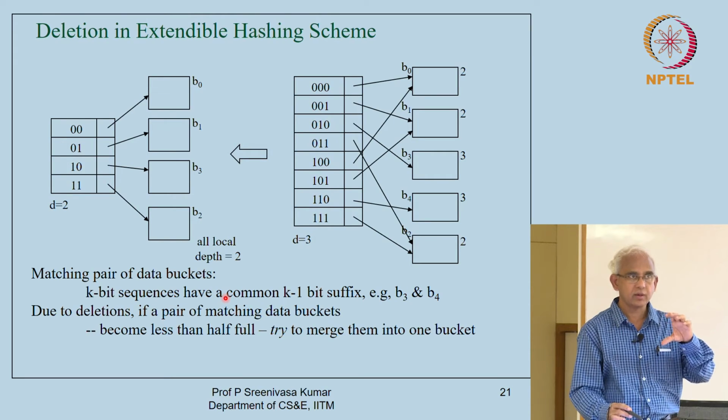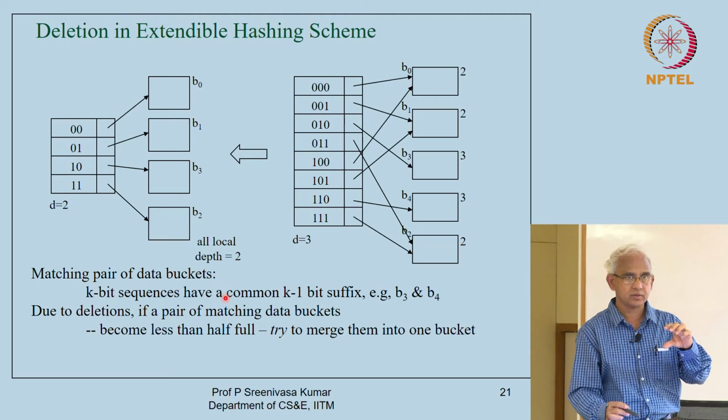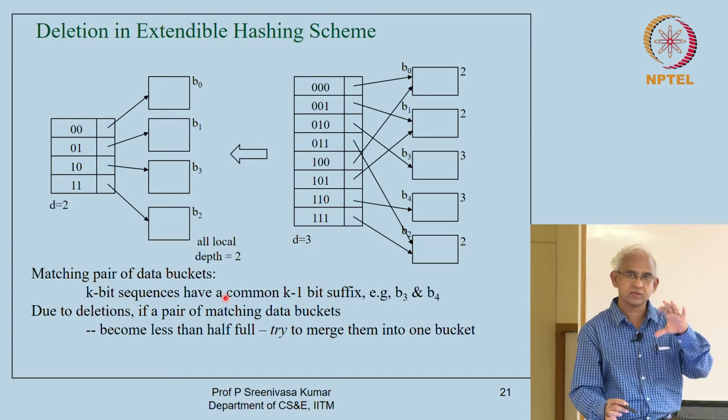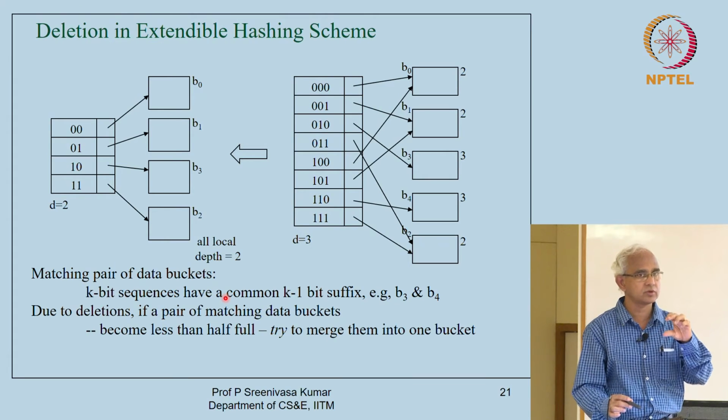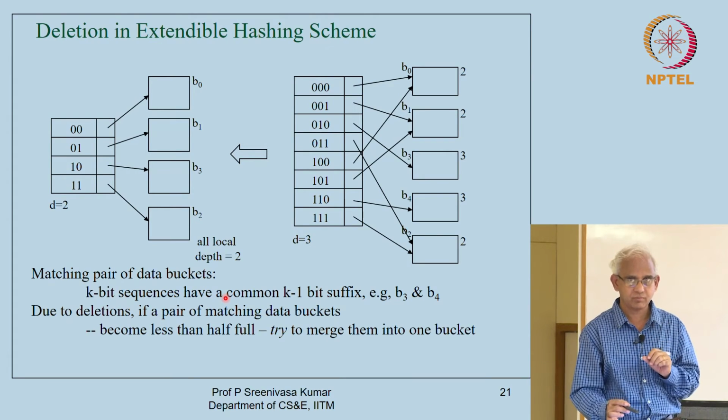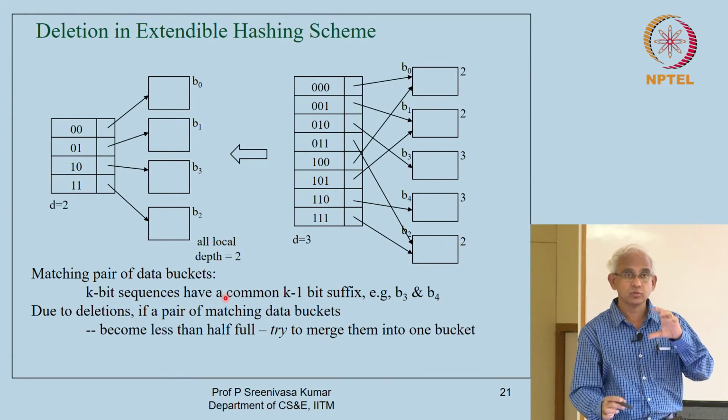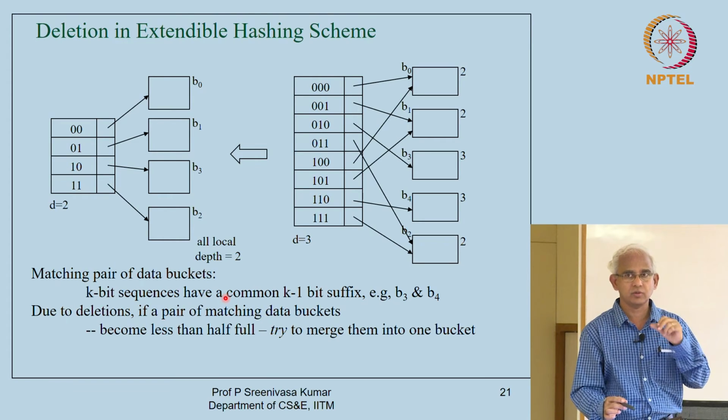then you can actually combine the records and put them into one bucket, because both buckets have become less than half full. So, if you combine, you will still be able to accommodate the records into one bucket, right. They were in two buckets and both of them are less than half full, so we can now put them in one bucket.